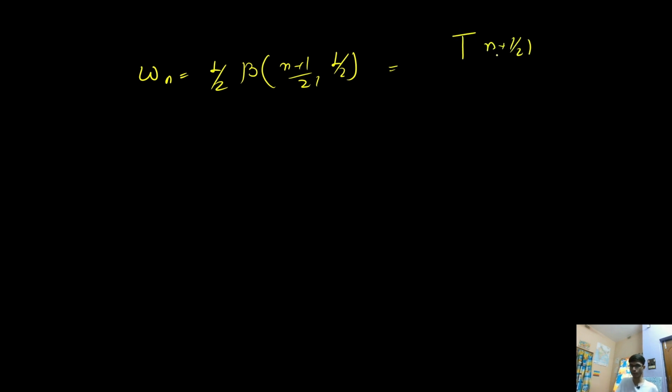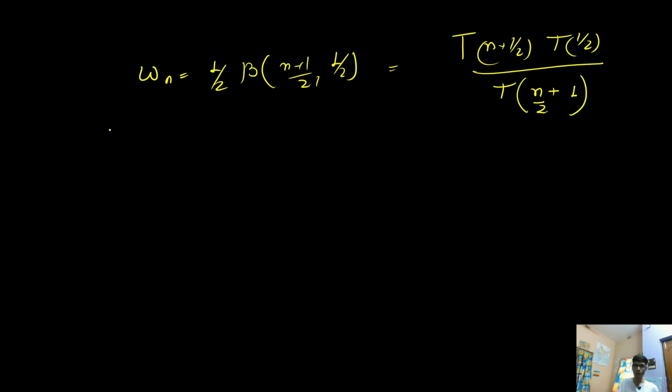I will talk about now what you can see, if Wn is half times of beta function of n plus 1 by 2 comma half. Now this particular thing can also be written as gamma function of n plus 1 by 2 into half gamma of half divided by gamma of n by 2 plus 1.